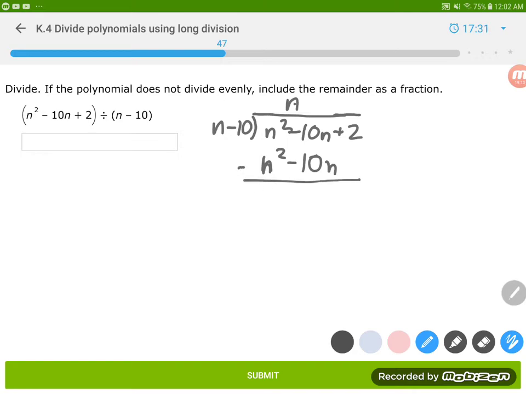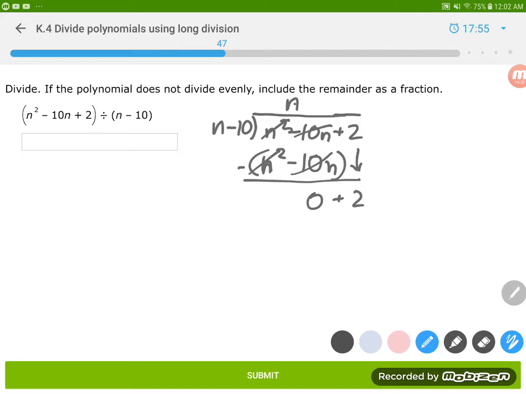We want to go ahead and take this away. And that's kind of nice, right? We notice that everything's actually going to go away. They all cancel very nicely. And we will then get 0 that comes out of this, and we have to bring down our 2. So our 2 is left over, and now we have the job of dividing n into 2.